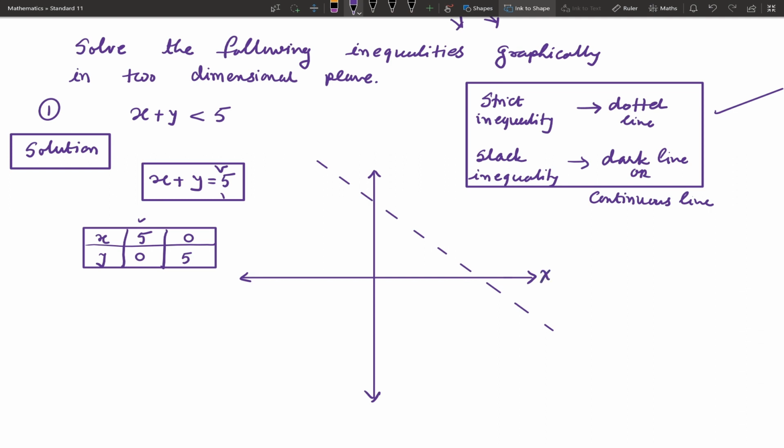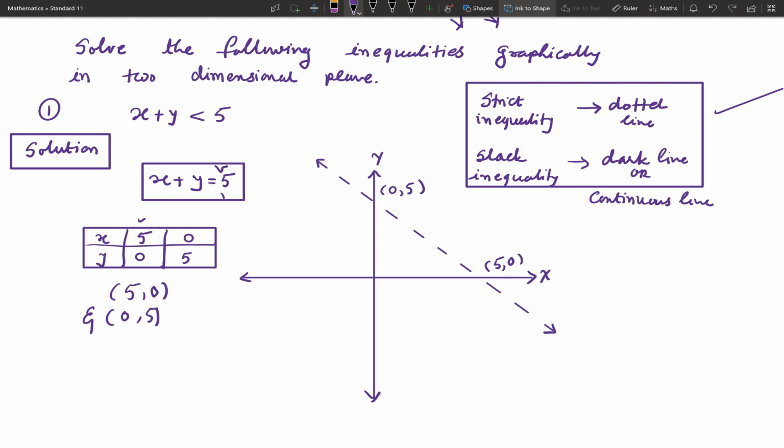This is the x-axis, y-axis. This is the line passing through 5 comma 0. Here you can observe 5 comma 0 and 0 comma 5 are 2 points on the line. So these are the 2 points, so the line passing through.